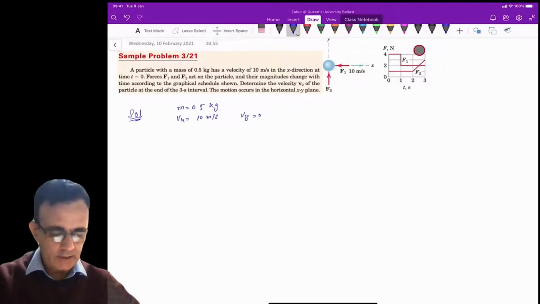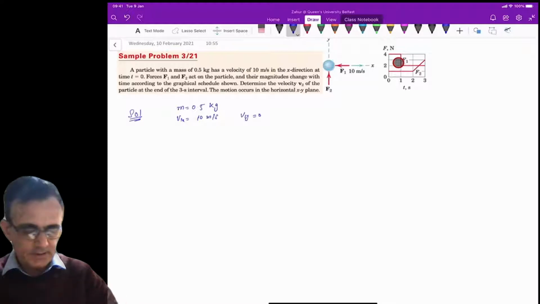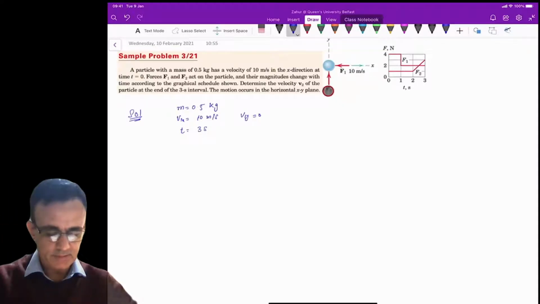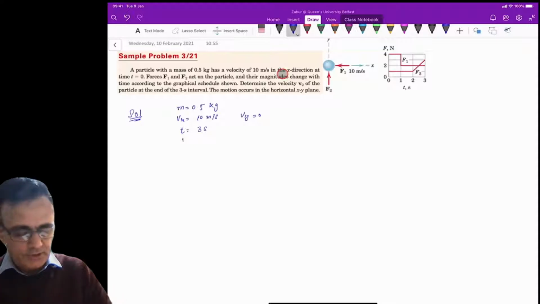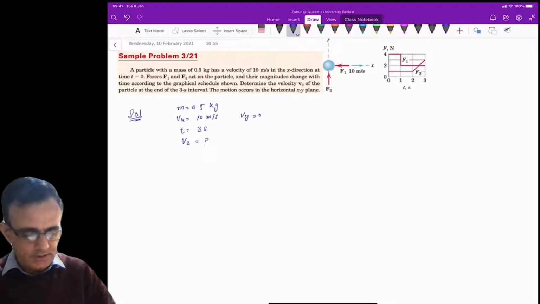And you are given the forces according to this graphical representation, and the time interval is from 0 to 3 seconds. So 3 seconds is the time here, and what we need to calculate is v2, which is the final velocity here. So obviously we will need to calculate v2x, and we will need to calculate v2y.